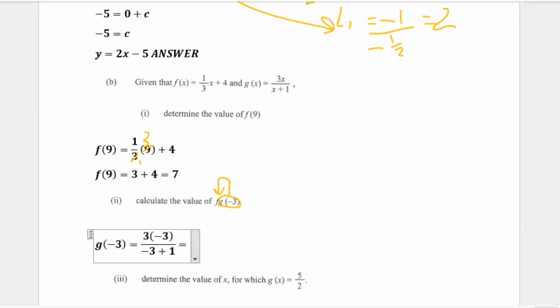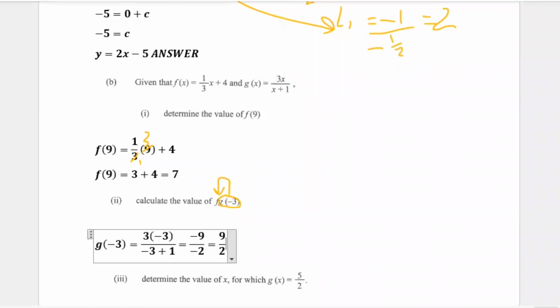So 3 times -3, that will give us -9 divided by -3 plus 1, that will leave us with -2. So -9 divided by -2, and that will give us 9 over 2. So this is our answer for g of -3.